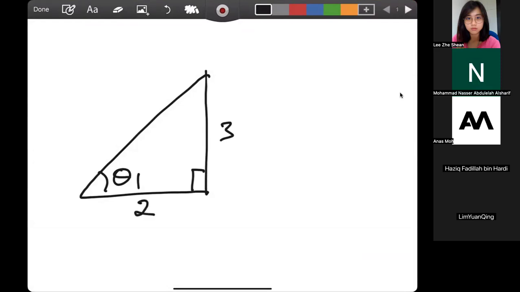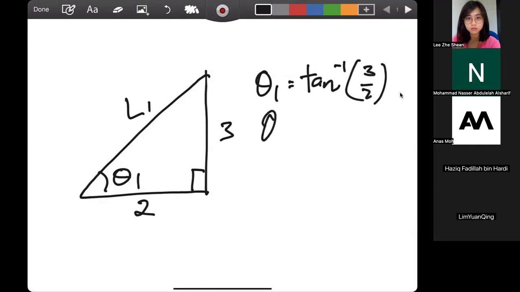This is 2. And this is L1. How do you measure θ1? Tangent θ1 equals 3/2. So shift tangent 3/2, you get the theta. What is the angle?